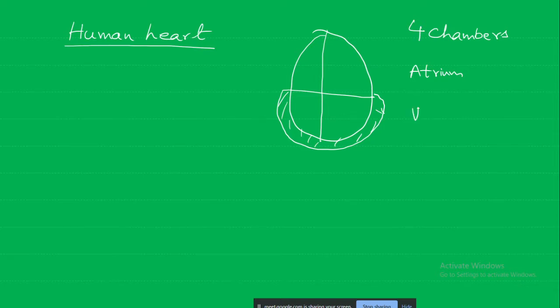They are the ventricles. Okay. So the four chambers are designed in such a way that the oxygenated and deoxygenated blood do not mix.